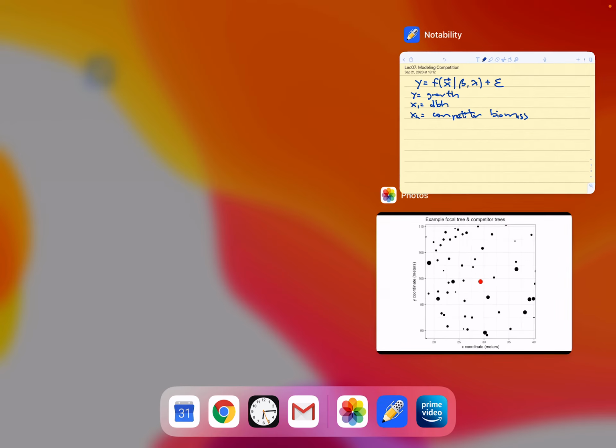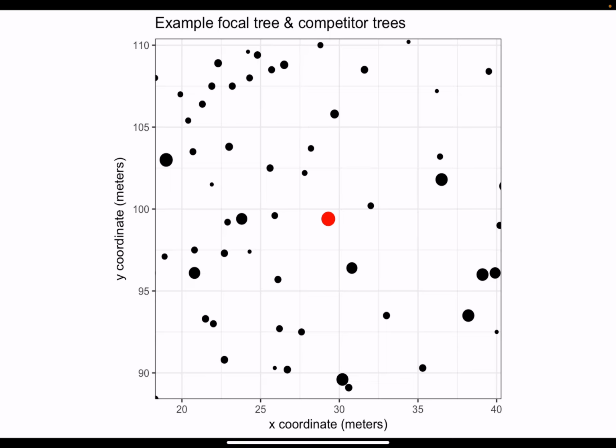Let's take a look at a picture. Let's take a focal tree of interest in red. Surrounding that tree are competitor trees of different sizes. As trees get larger, they have a lot more biomass.